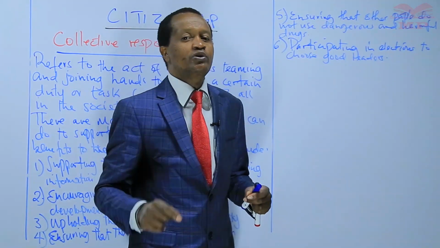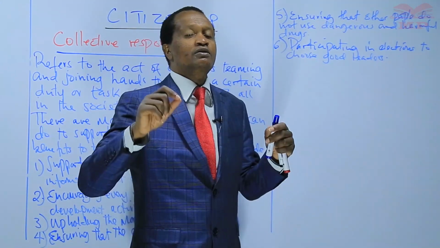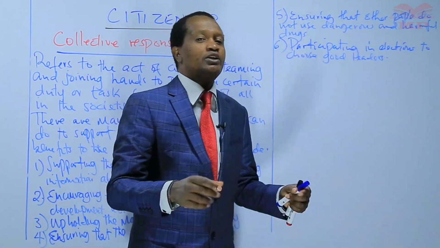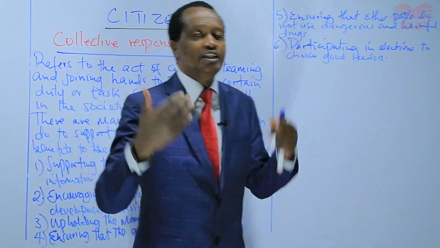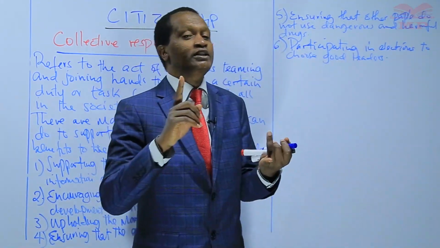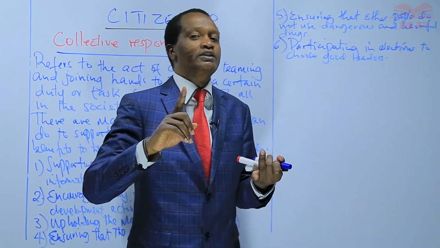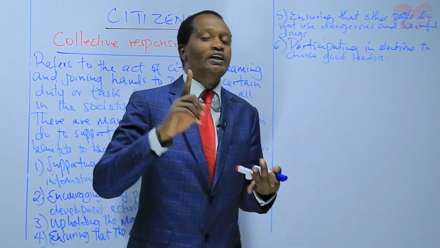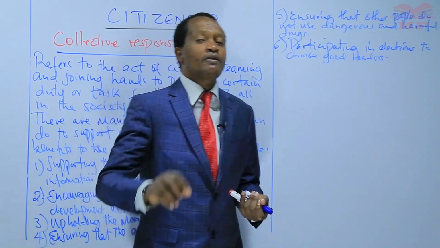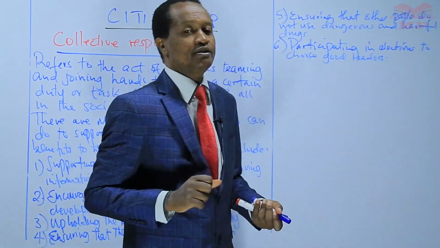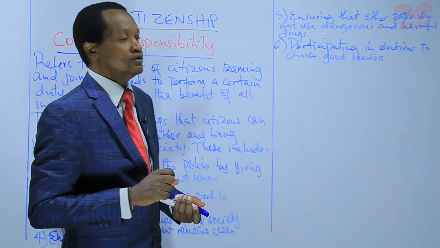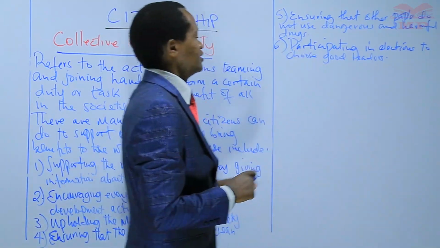If an individual comes seeking for votes, then we need to evaluate that individual based on his past conduct, on his track record, and not bribes. So that is very important.